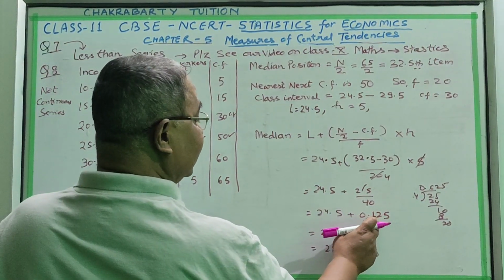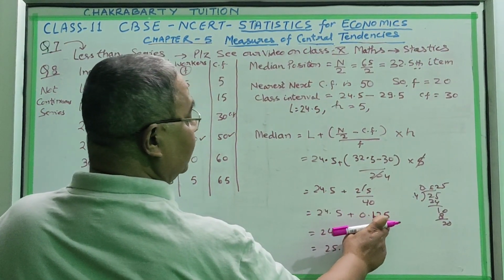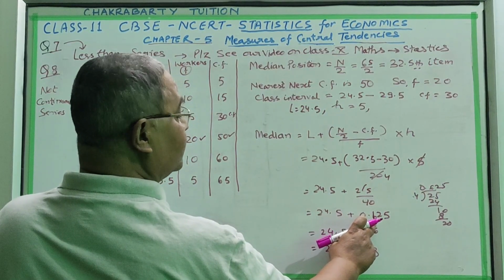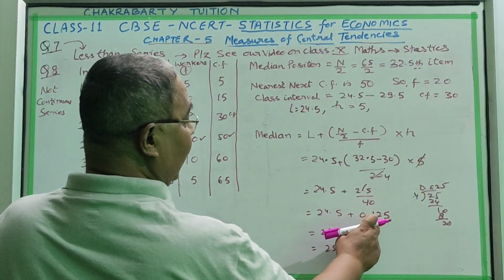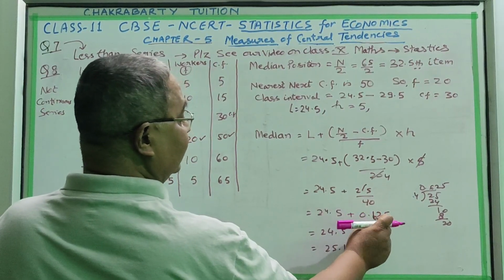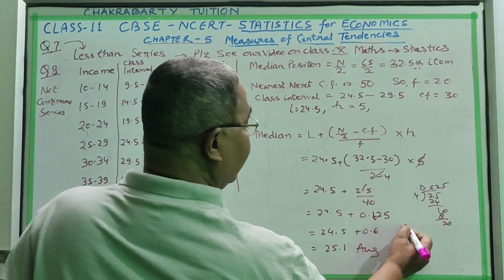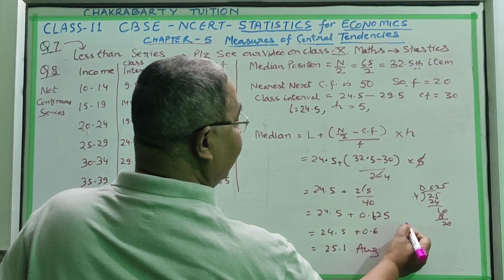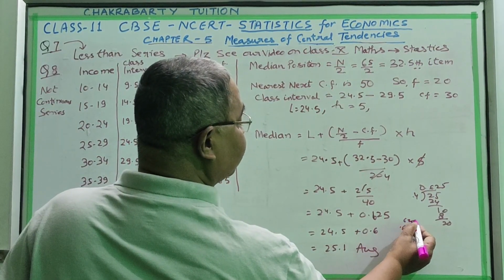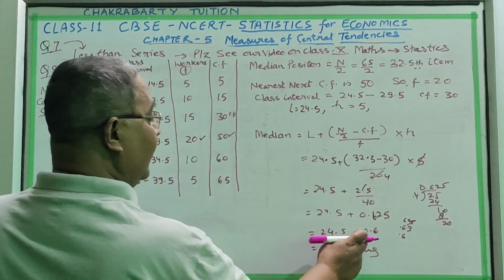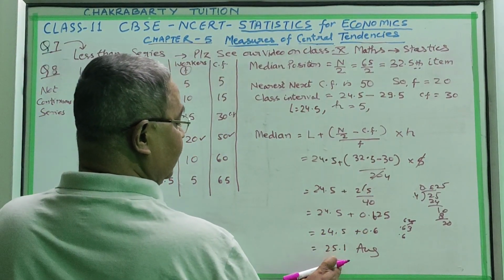So here is 0.625, and rounding it, the 5 goes up and it becomes 0.63, but again rounding, it remains as 0.6. So you add 0.6 to 24.5, and this will be your answer.